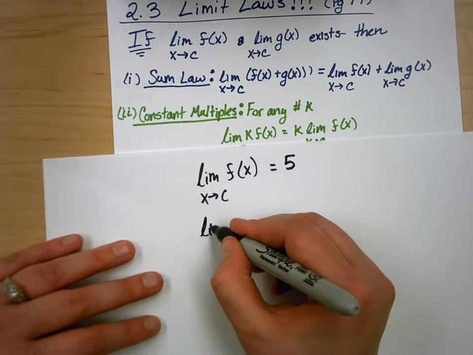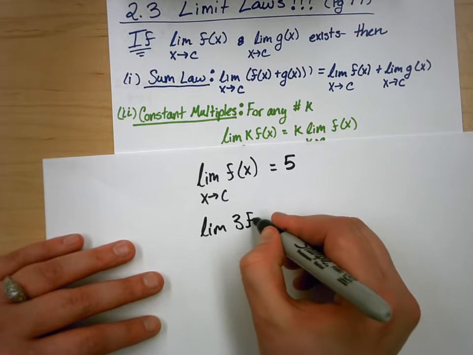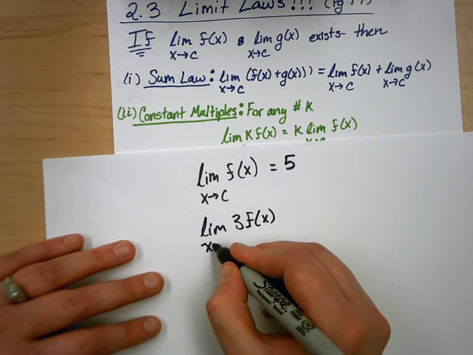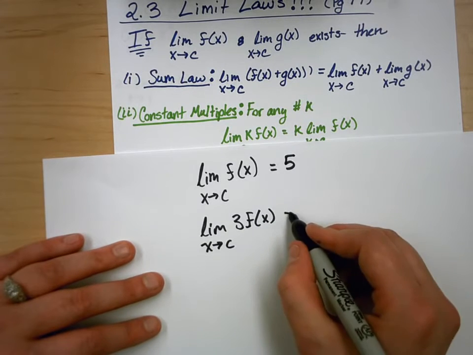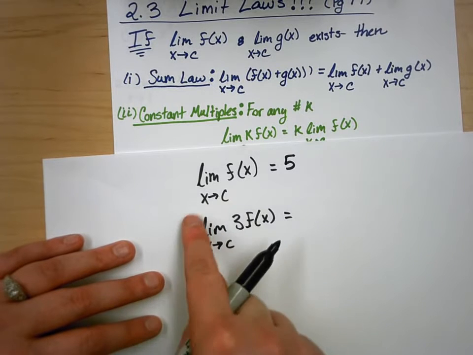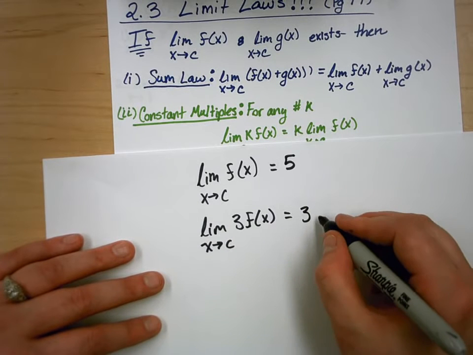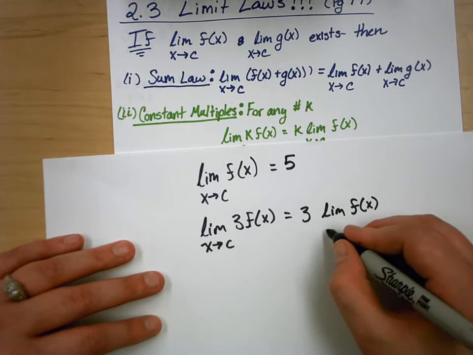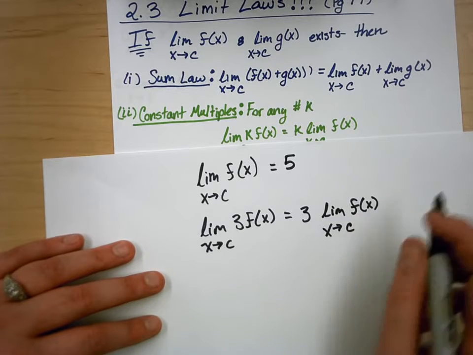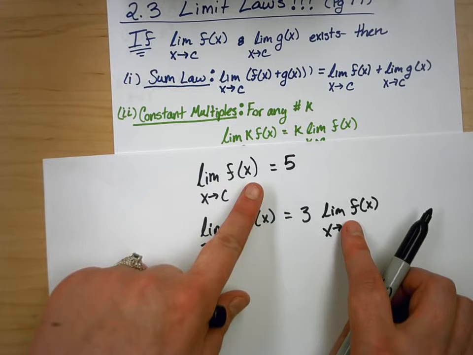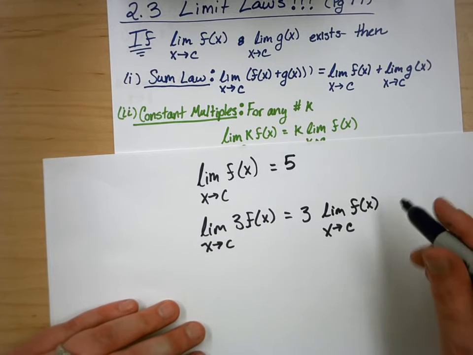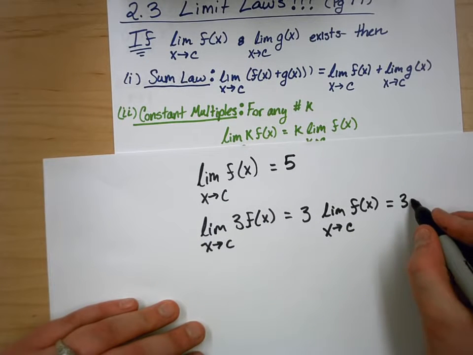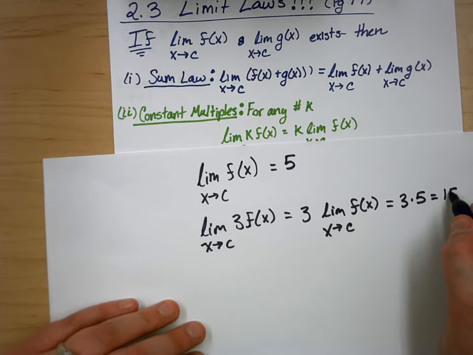Then we were asked to find the limit of 3 f of x as x approaches c. Then we can pull this 3 out, so that would turn into 3 times the limit of f of x as x approaches c. And we know that this is 5, so that's going to become 3 times 5, which is 15.